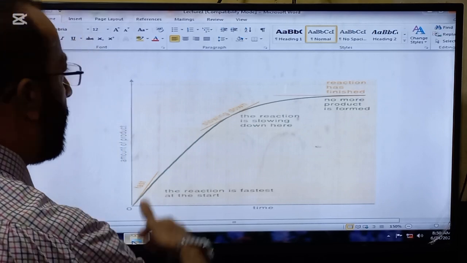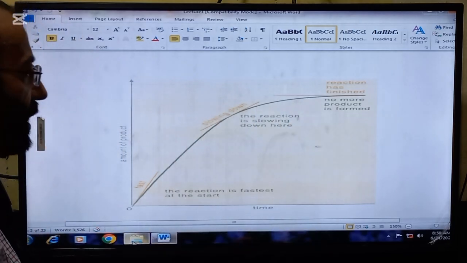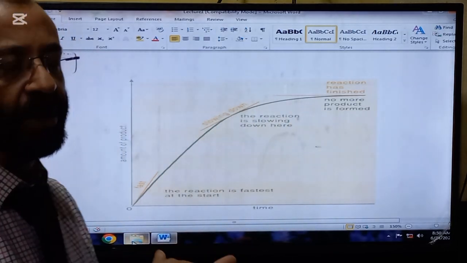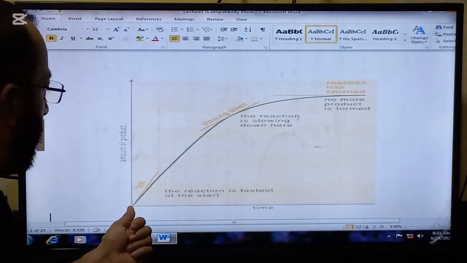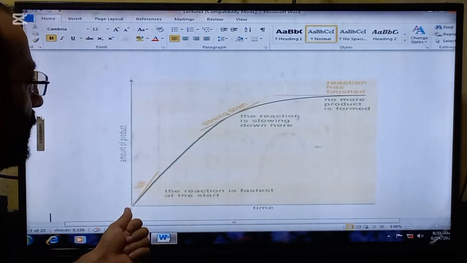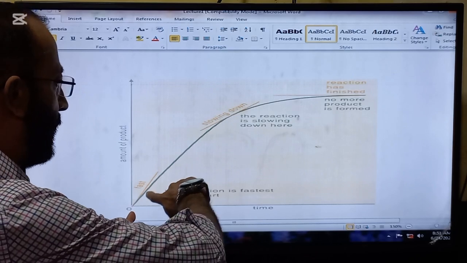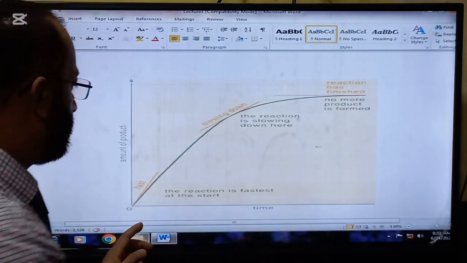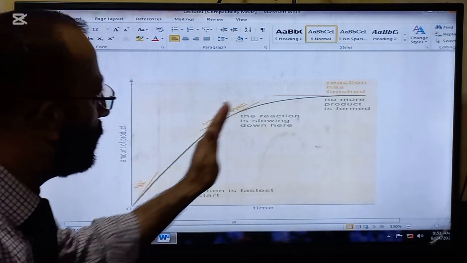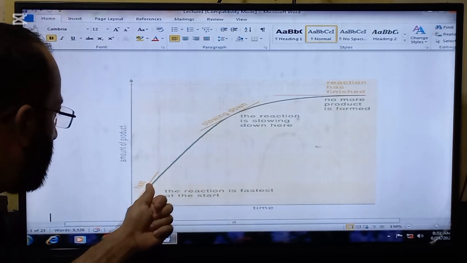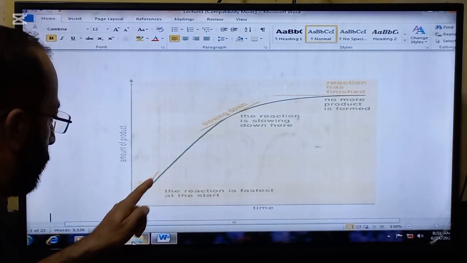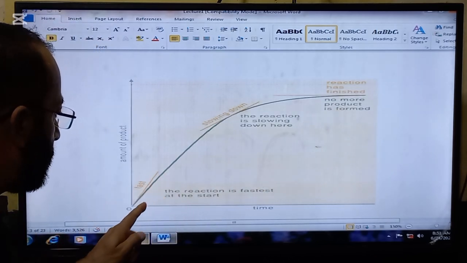Here is the graph of a chemical reaction which is proceeding. It starts from the initial point 0 when there was no reaction, and then it proceeds, then the graph is formed like this.